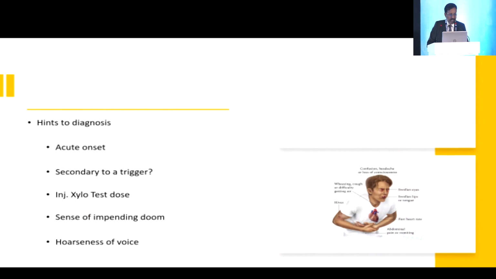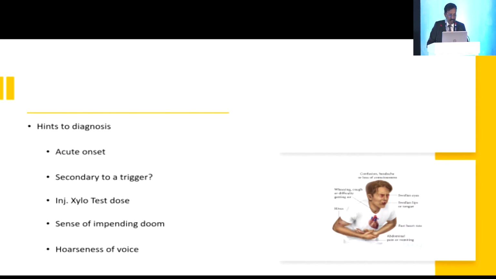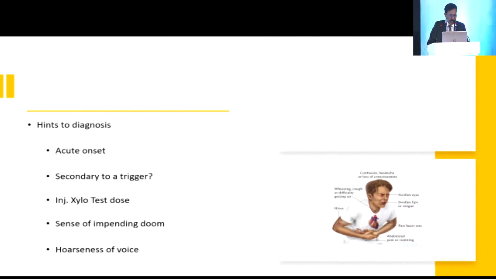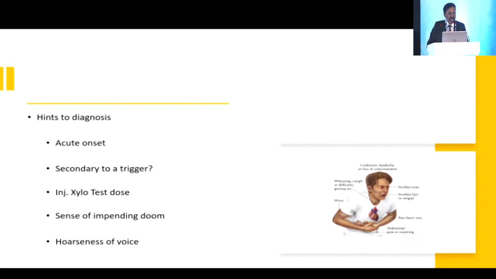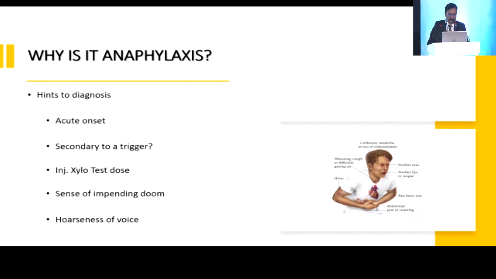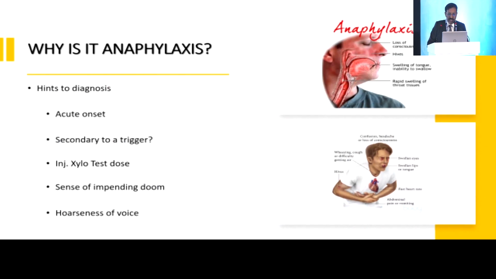These are the hints to the diagnosis: sudden onset, secondary to a trigger, that is the injection, particularly the xylocaine test dose, which is known to cause anaphylaxis. The patient presented with hoarseness of voice and was really acute, with a sense of impending doom. So why is it anaphylaxis? Because anaphylaxis happens after a trigger factor.